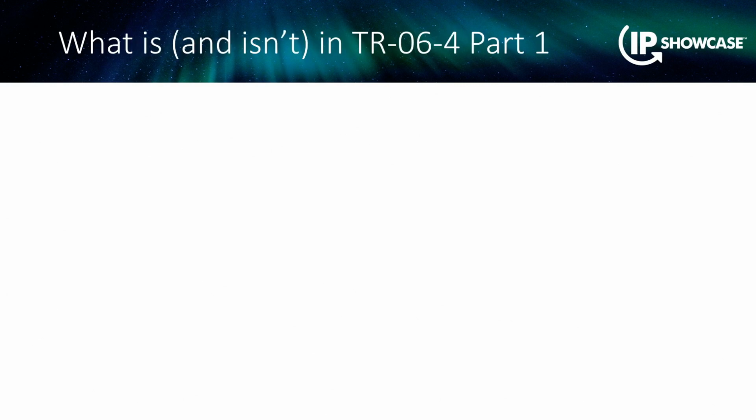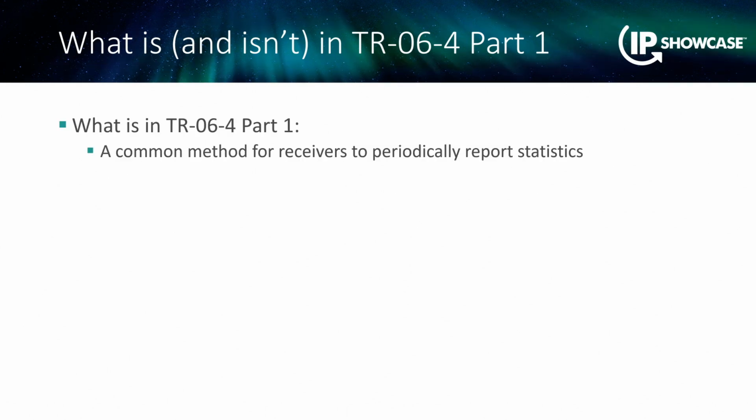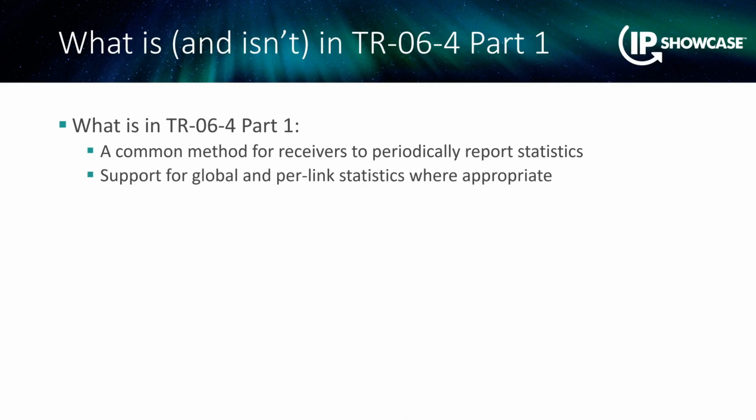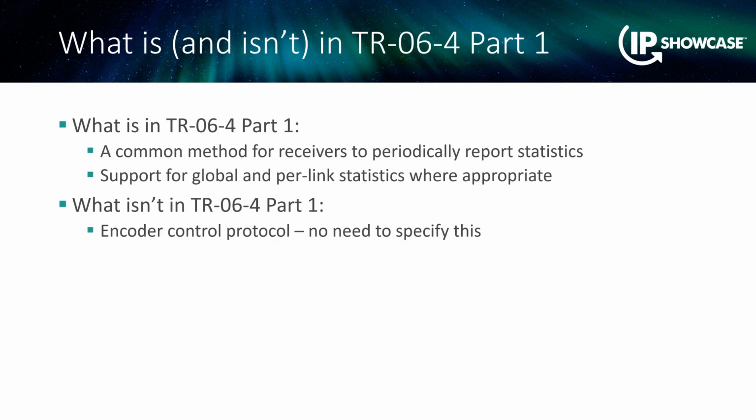All right. So what is and isn't in the specification? What is: a common method for the receivers to report on link quality. Support for global or per link statistics. So if you have multiple links, you can have individual statistics per link. What isn't: the encoder control protocol, as I said, is not there, and we're not going to do that.